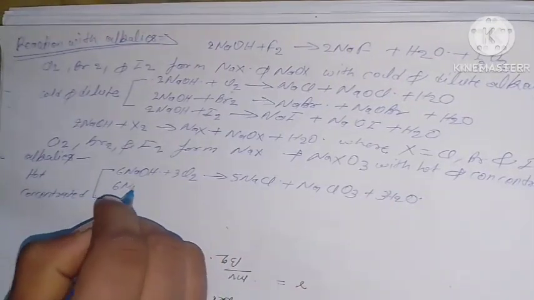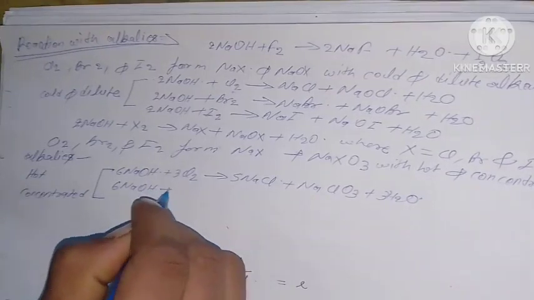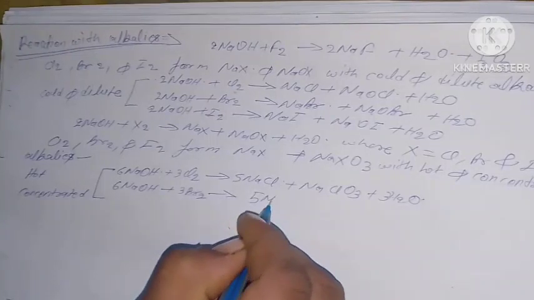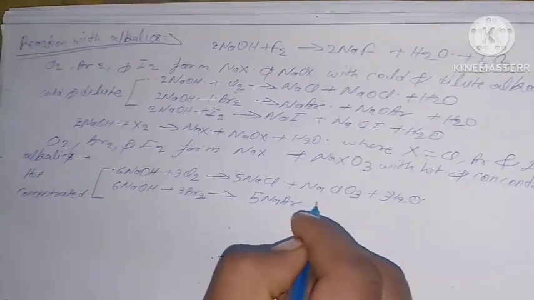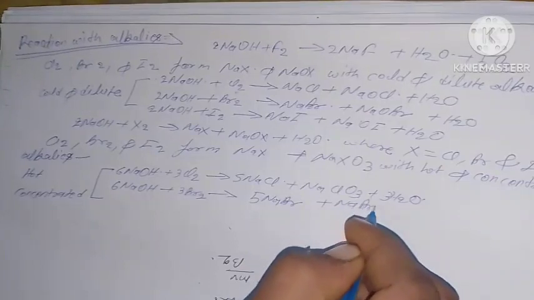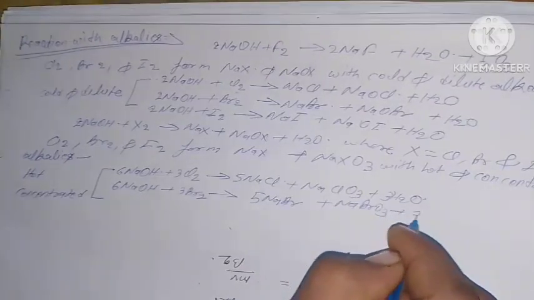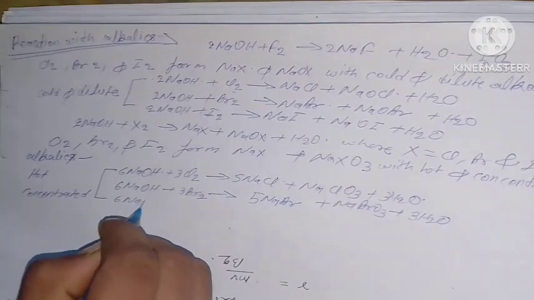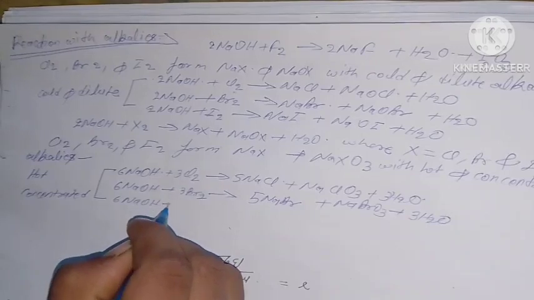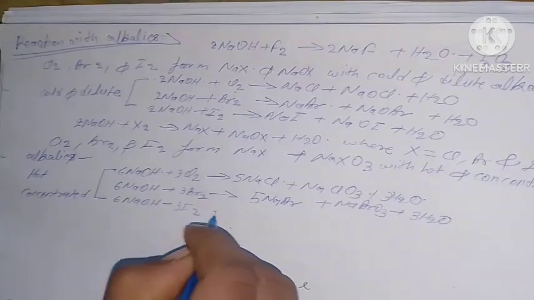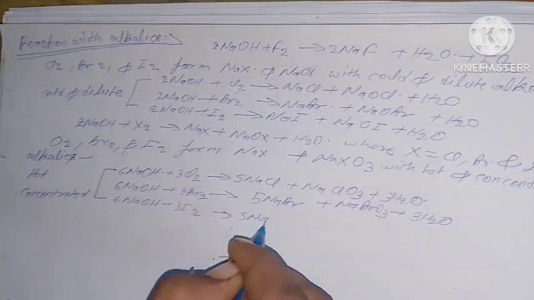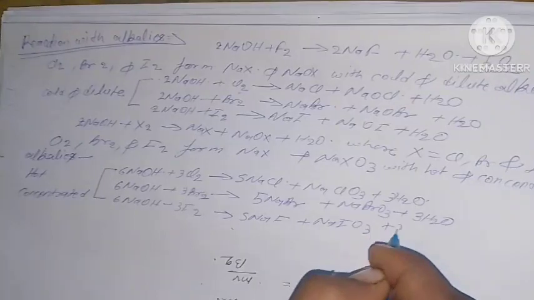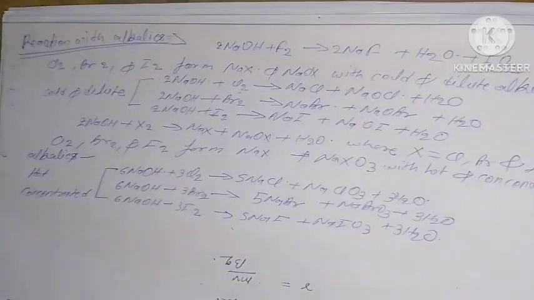Okay, 6NaOH plus 3Br2 makes 5NaBr plus NaBrO3 plus 3H2O. 6NaOH plus 3I2 makes 5NaI plus NaIO3 plus 3H2O.